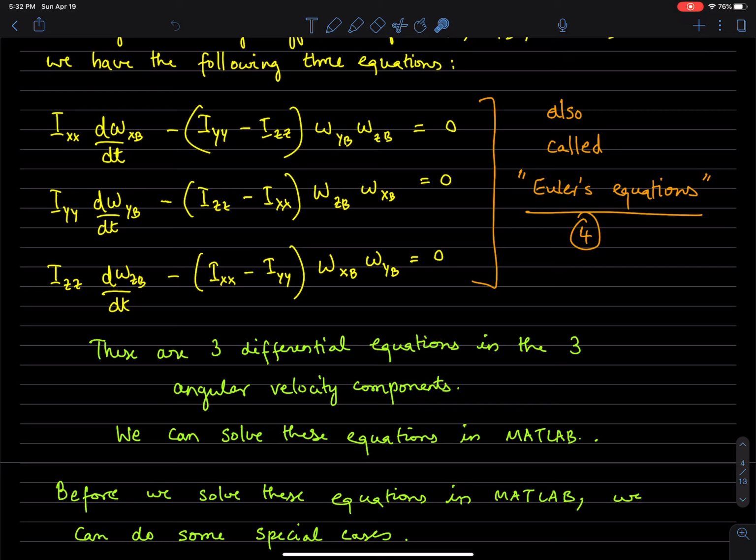So if just omega xb is not equal to zero, we still have d omega xb dt equals zero, d omega yb dt equals zero, and d omega zb dt equals zero.